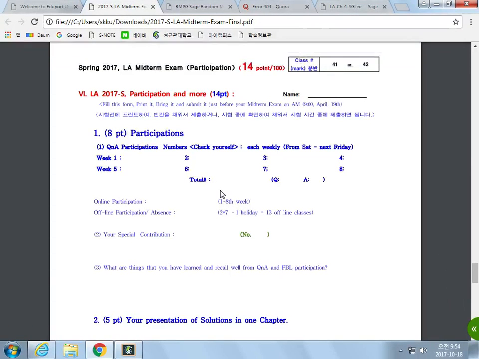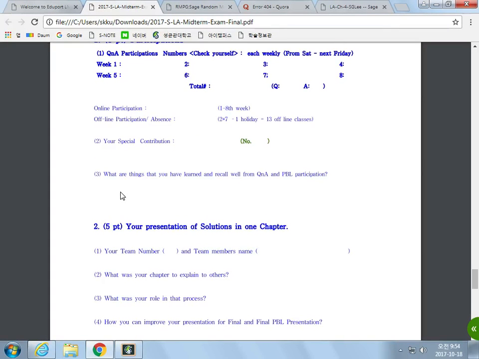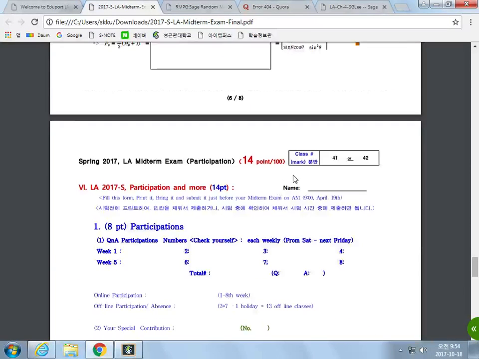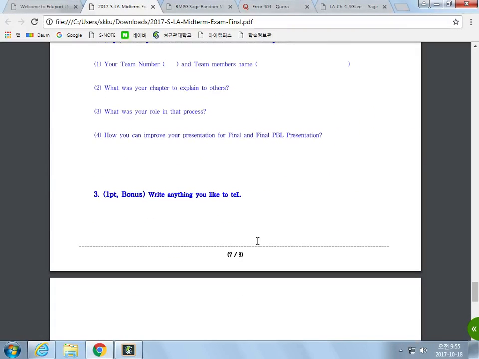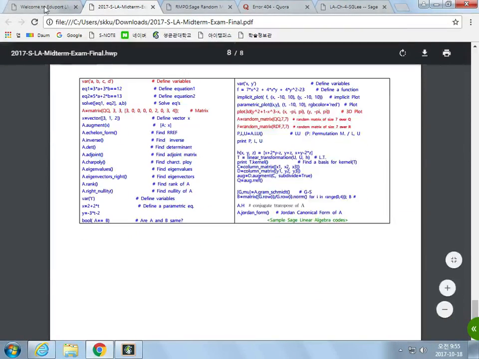So after you study for the midterm examination and you fill out the number of your participations here and the important concept that you have learned and such, and bring it. It will count. Before I gave 14 points on this, among the midterm exam, 100-point midterm examination. And okay, so anyway, this.